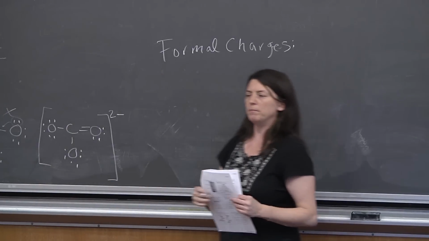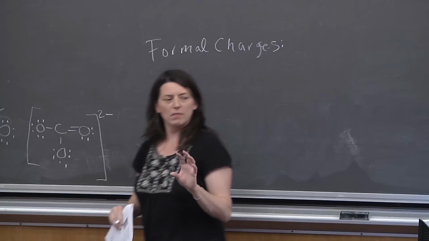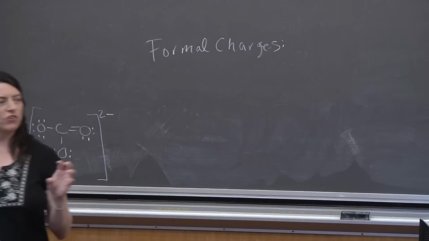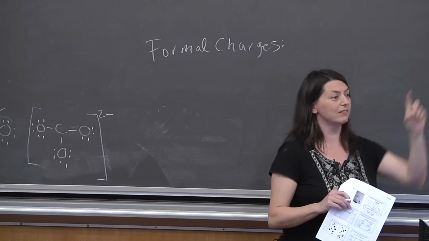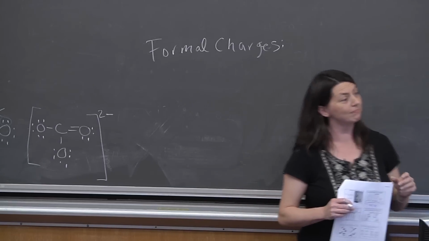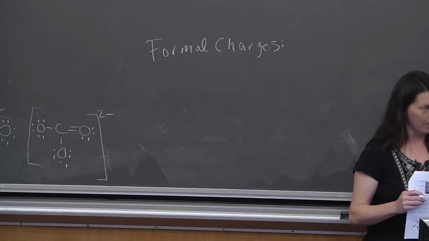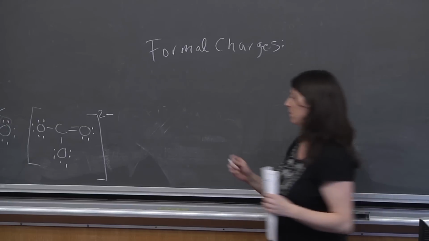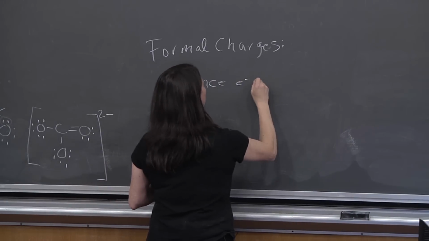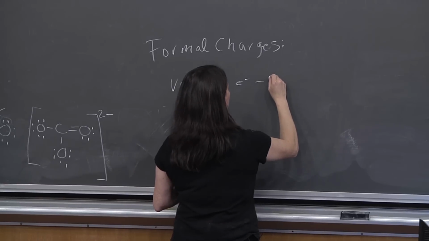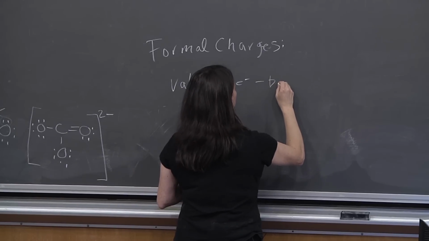Formal charges. So how do you calculate formal charge on each atom? How do you calculate formal charge? Yes? Formal charge is the number of valence electrons, the number of bonding pairs, minus half the number of bonding pairs.